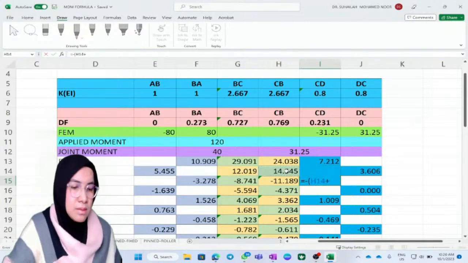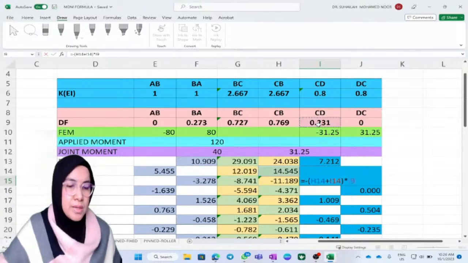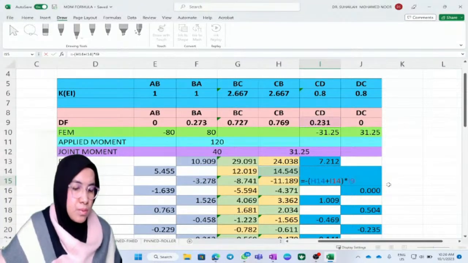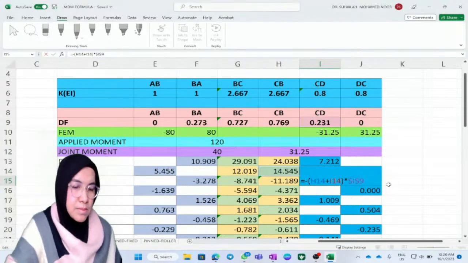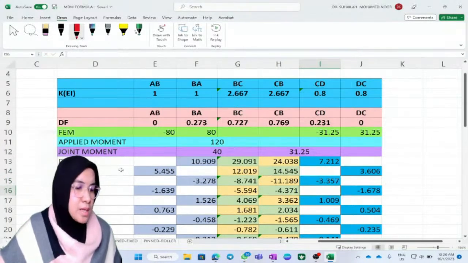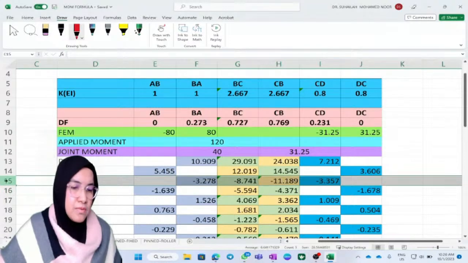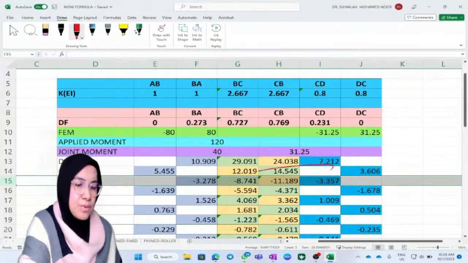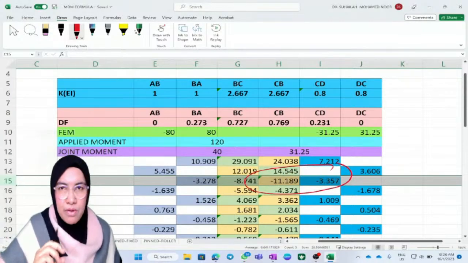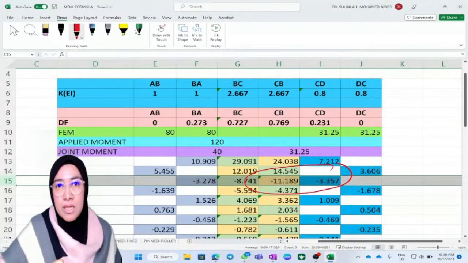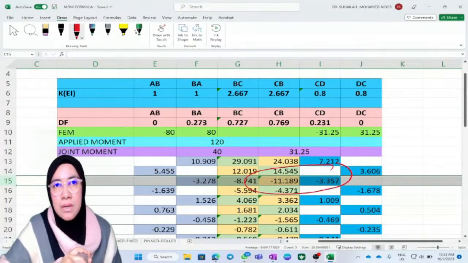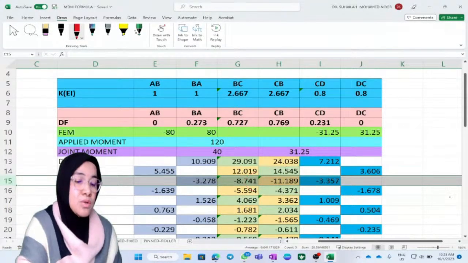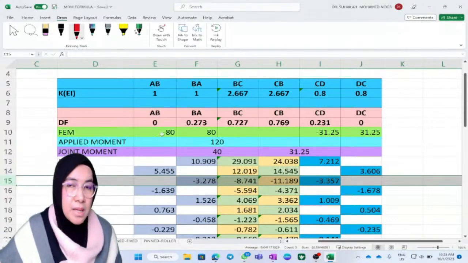So 14 plus 0 times factor 0.231. So for the second distribution, these values, 14.545, negative 11.189, negative 3.357. You have to total this and check whether you get 0 or not, because the total moment is equivalent to 0.